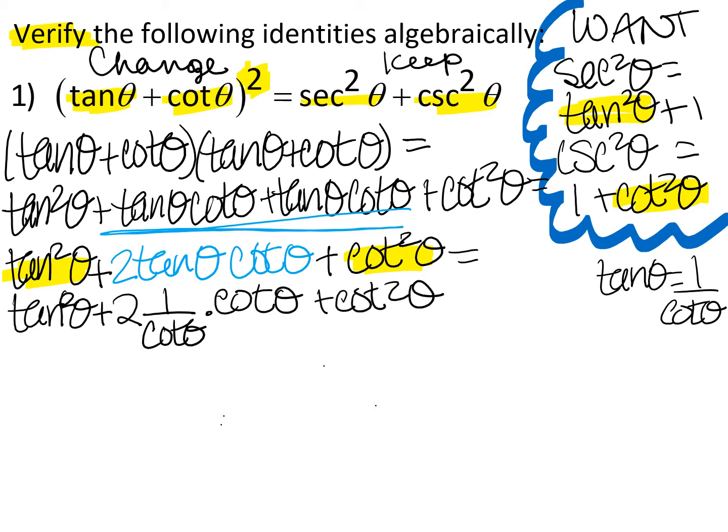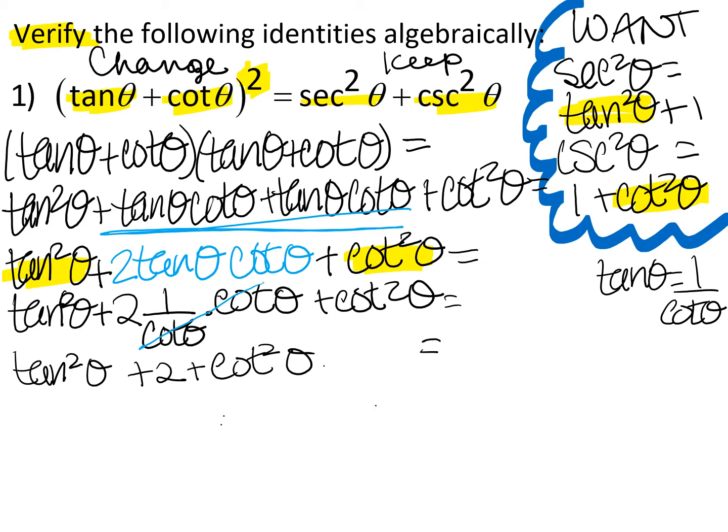And then I know that these two here are going to reduce to be 1. When I clean that up a bit, I have tangent squared theta plus 2 plus cotangent squared theta. I don't think I can do anything else.